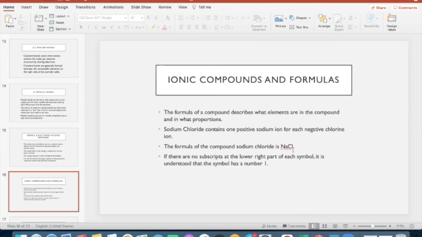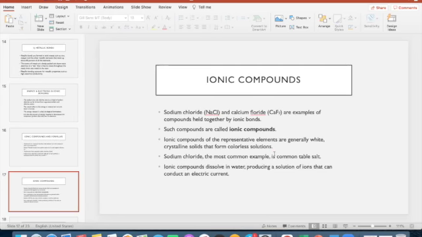If there's a subscript, that lets you know how many atoms are in the molecule. So for example, calcium fluoride has 1 calcium and 2 atoms of fluoride. Those little subscripts tell you how many atoms exist in the compound.